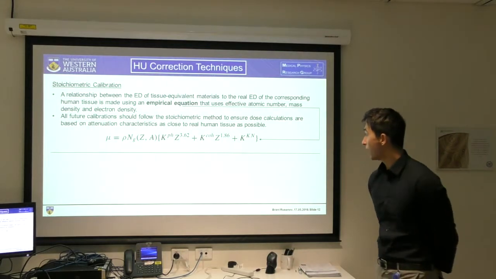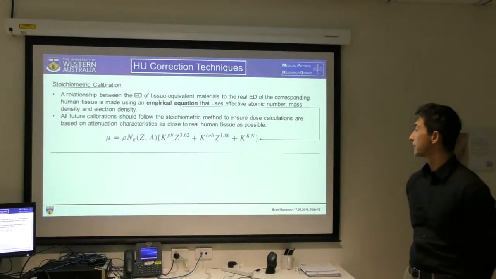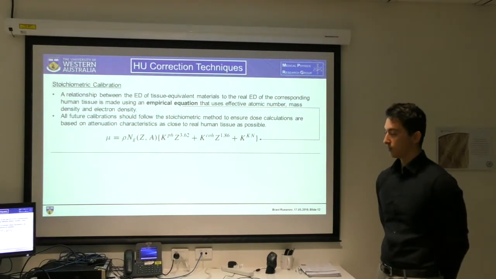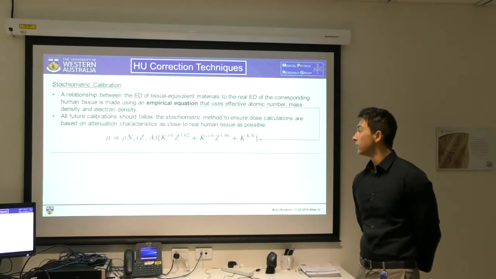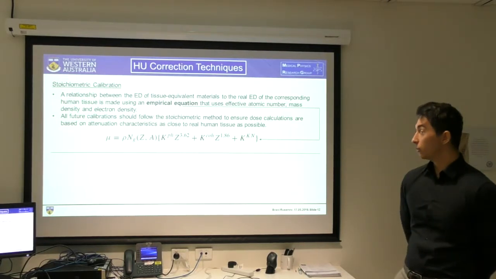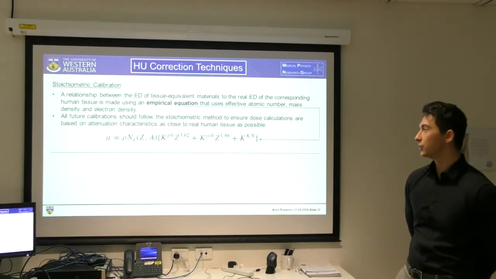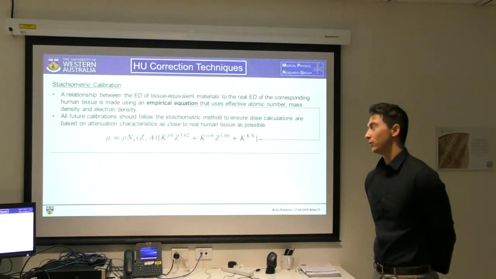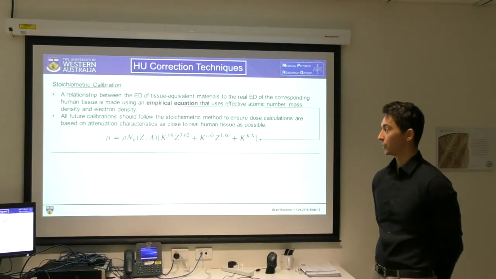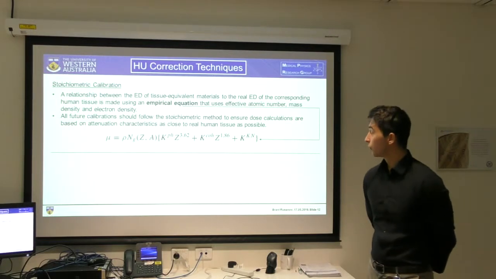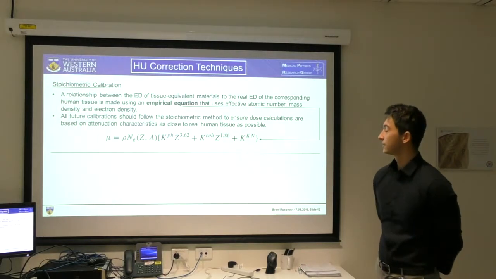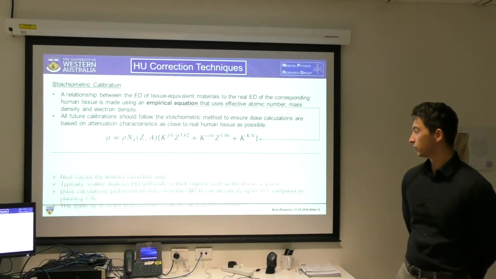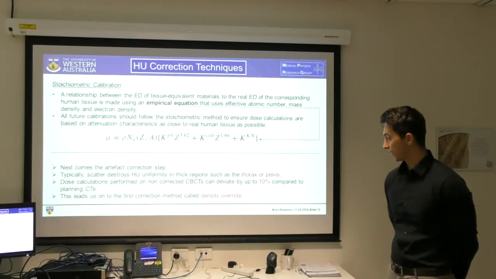An empirical equation is then used that uses the effective atomic number, mass density, and electron density of both the human tissue and the tissue equivalent phantom to derive what the real human tissue HUs would be. And you don't actually need a human to derive these, you need just the phantom. So all future calibrations should follow the stoichiometric method to ensure those calculations are based on attenuation characteristics as close to real human tissue as possible. Next comes the artifact correction step.